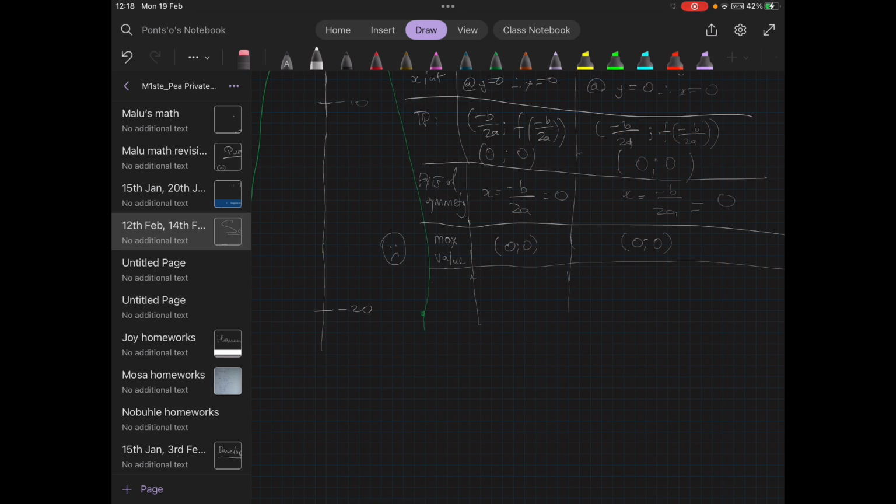And lastly, the domain and range. So the domain for f of x is the set of x values such that x is an element of real numbers, as is for the other curve. And the range is y is less than 0, and an element of real numbers.